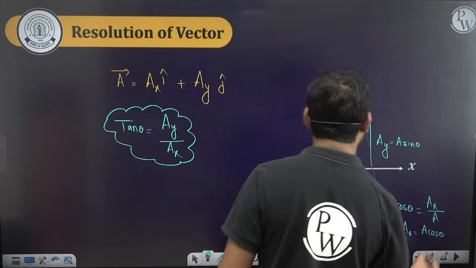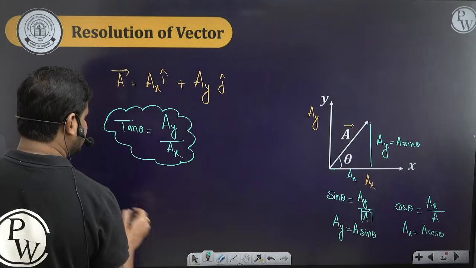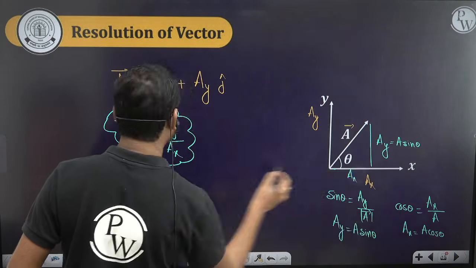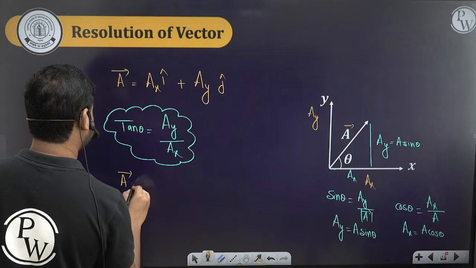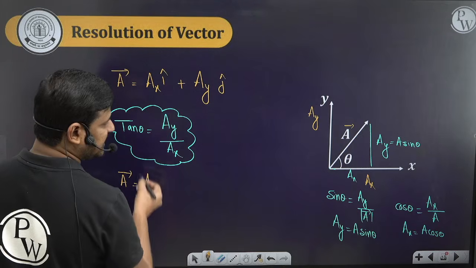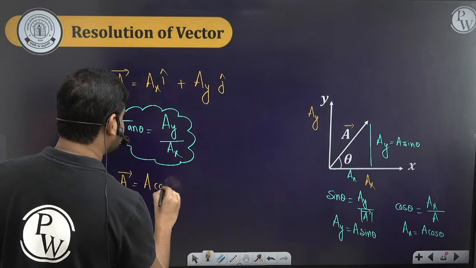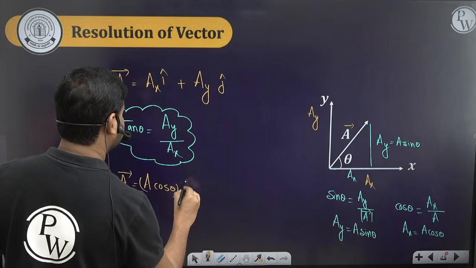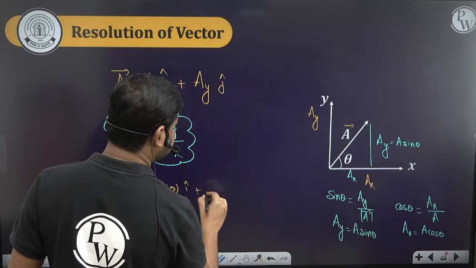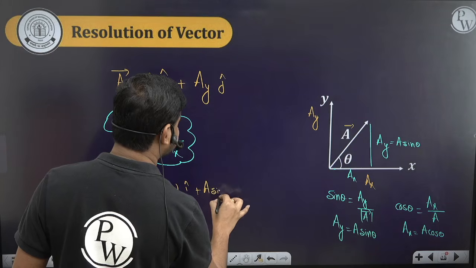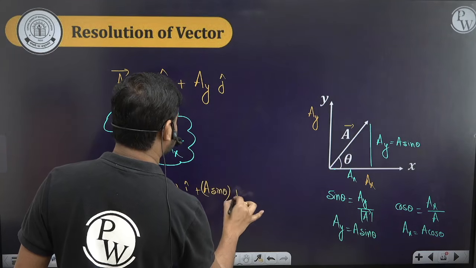Therefore the vector A can be written as AX i cap plus AY j cap, that is A cos theta i cap plus A sin theta j cap.